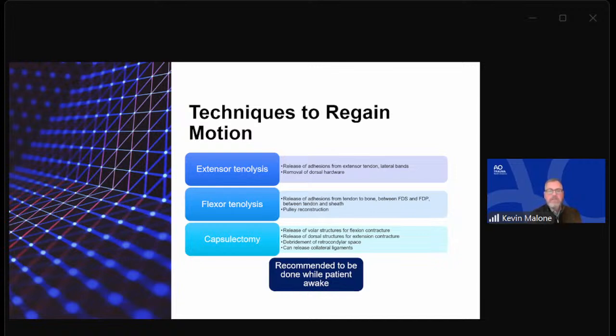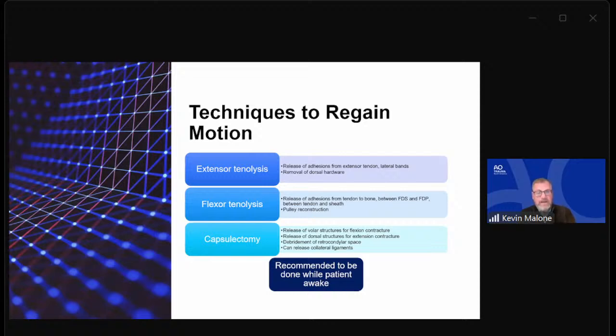So there are a variety of techniques here that can be incorporated to regain motion ultimately. Extensor tenolysis is a release of the adhesions between the extensor tendons, the lateral bands, the sagittal bands, and extensor hood, and oftentimes incorporates removal of any type of extramedullary implant that was placed. Flexor tenolysis is very similarly a release of the adhesions between the tendons and the bone, between the FDP and FDS tendons, and between the tendons and the pulley sheath. And then sometimes that may even require pulley reconstruction.